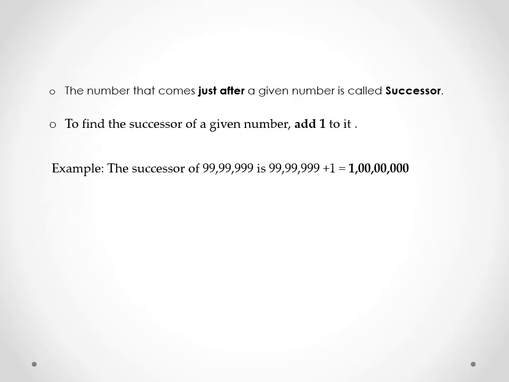Then it becomes 1 crore. Therefore, the successor of 99,99,999 is 1 crore.